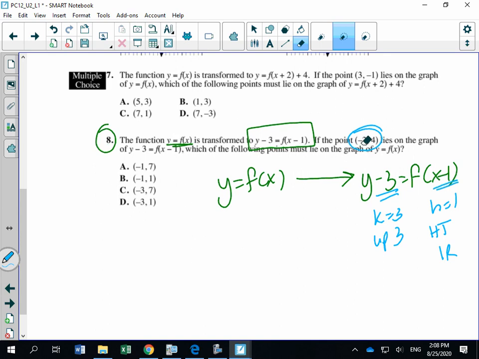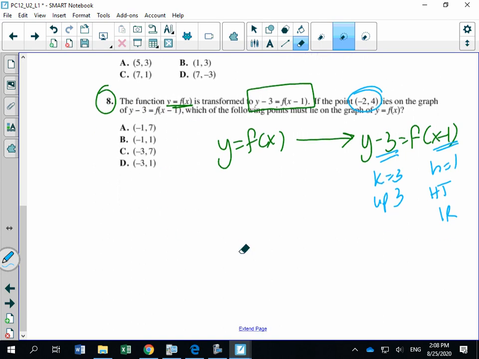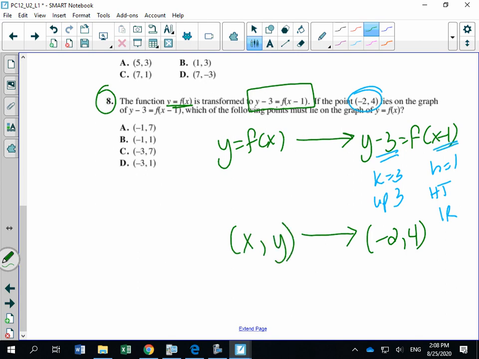But what they're saying is this point lies on the transformed graph. So that point of negative 2 comma 4 lies on the transformed graph. And what they want to know is what was the original point.